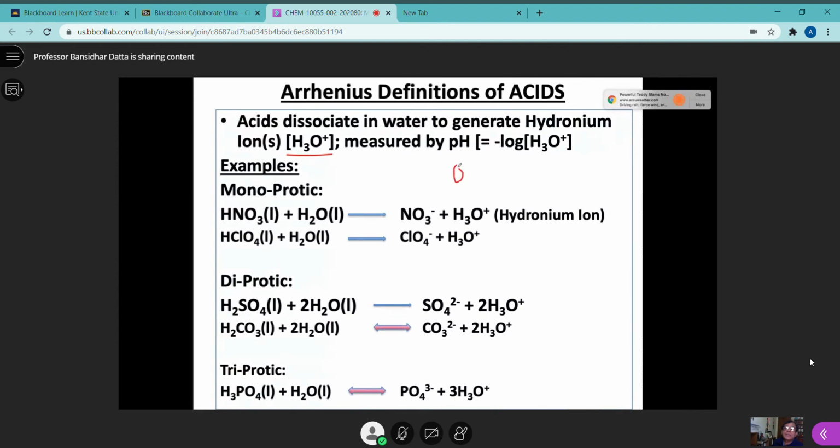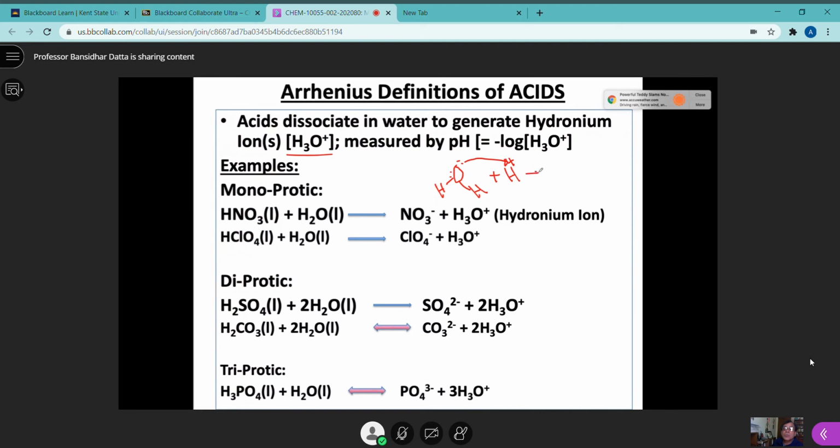Everybody knows the water, right? So water is HOH, or H2O, plus the proton, H plus, coming from the acid. Remember, oxygen has two pairs of lone pairs. One lone pair will be given to the hydrogen, the H plus proton.